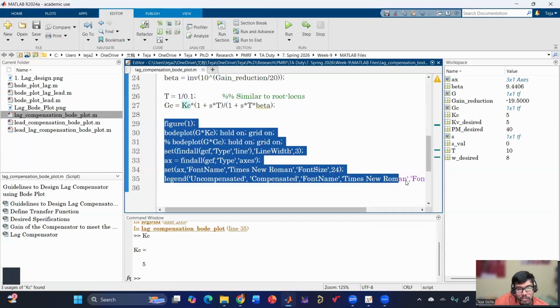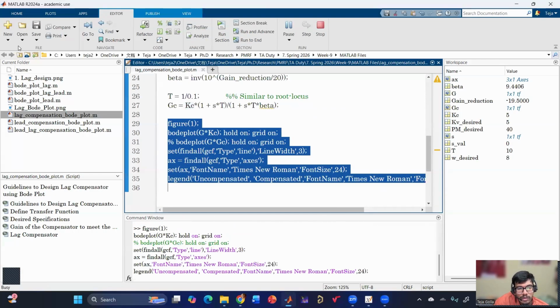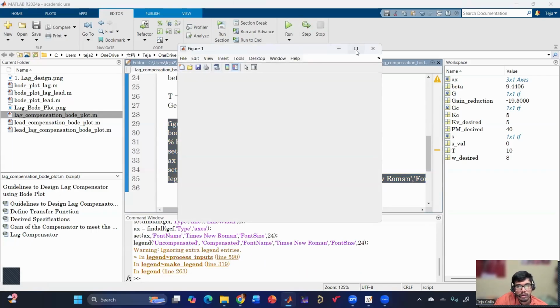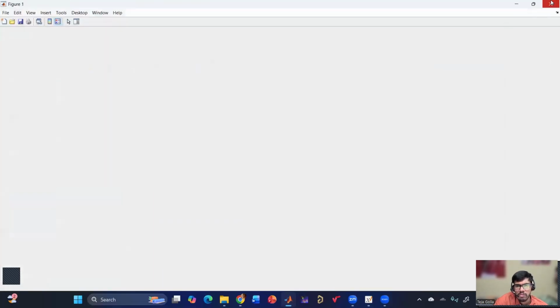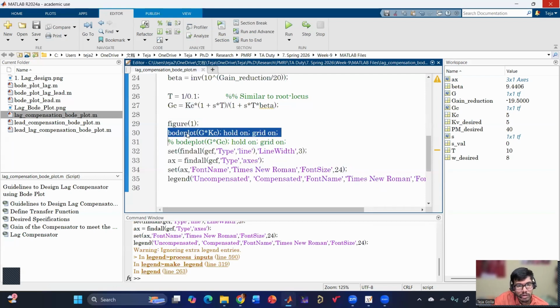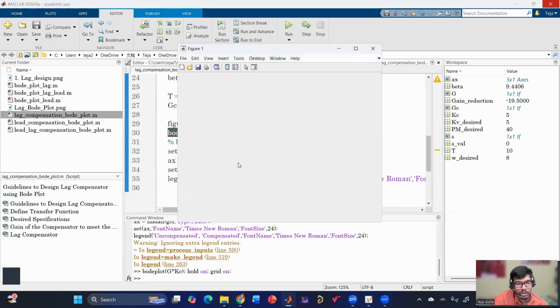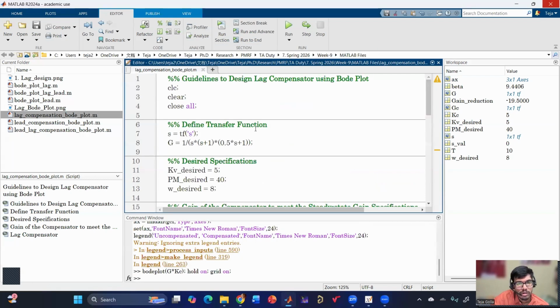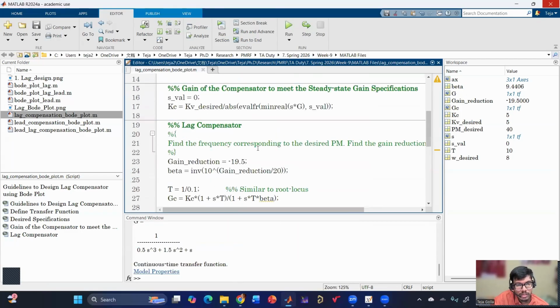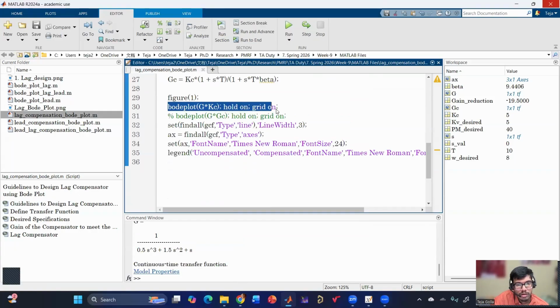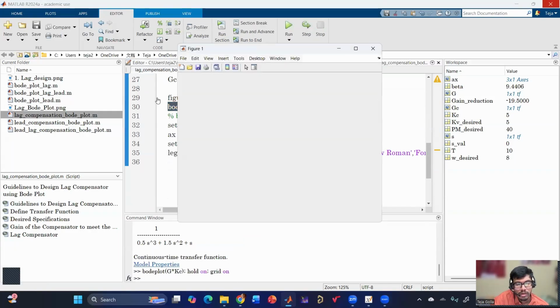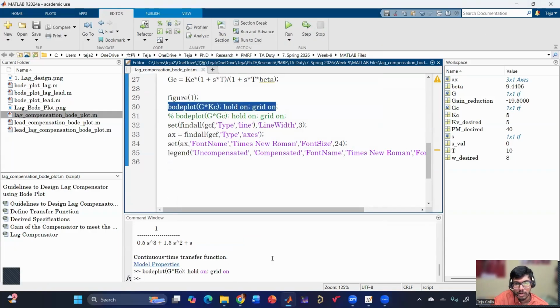So now I'm drawing the Bode plot. Something is not correct. Let's check. Let me restart my MATLAB. I think that's the issue.